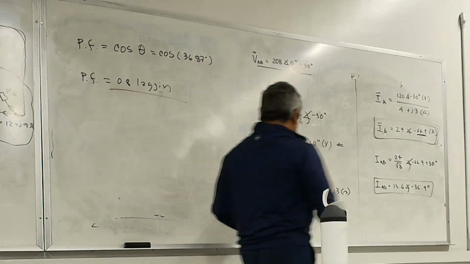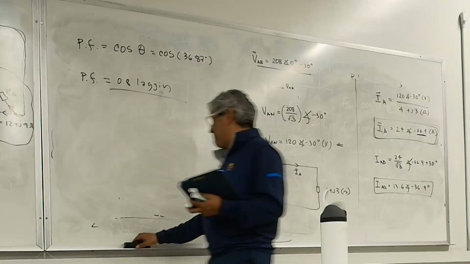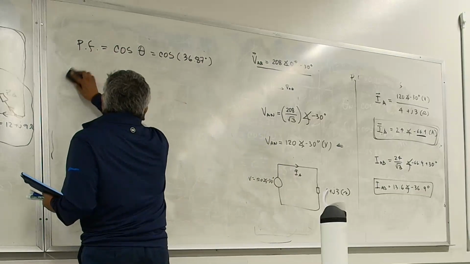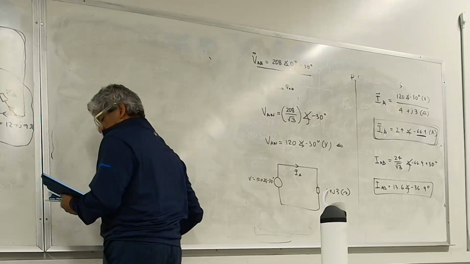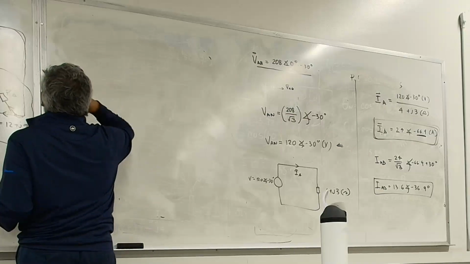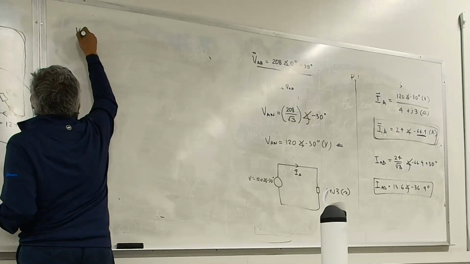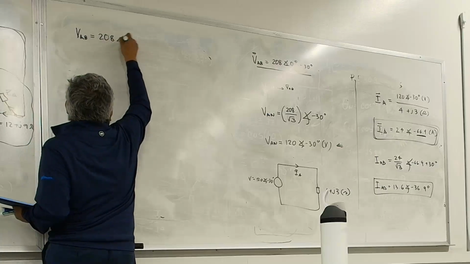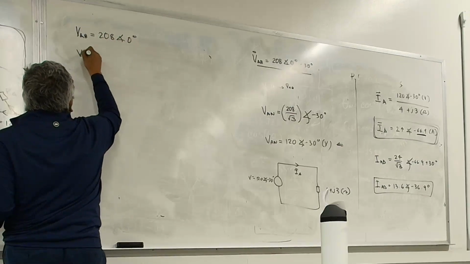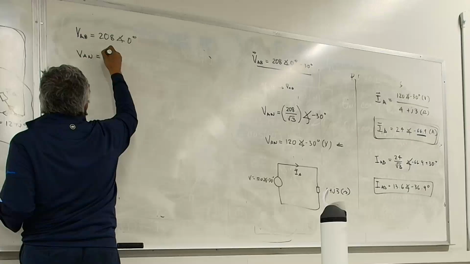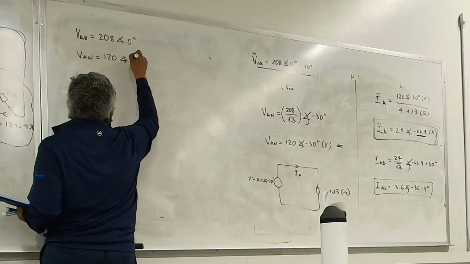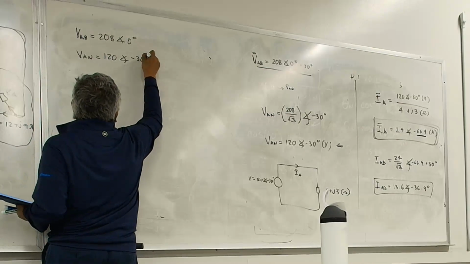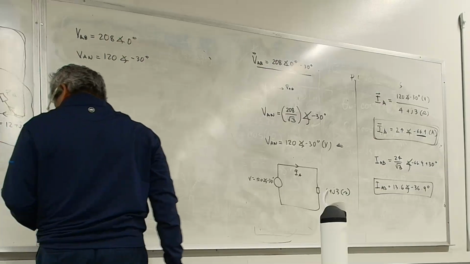The last thing they tell us is to draw the phasors. I think they just tell you to do 3 of them, but I'm going to do all 6 because now we have this information. VAB is equal to 208 angle 0 degrees. VA to neutral, we said, was 120 angle of minus 30 degrees.